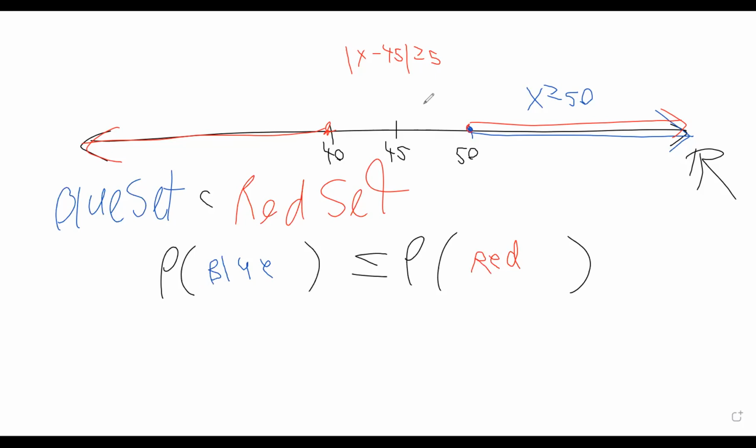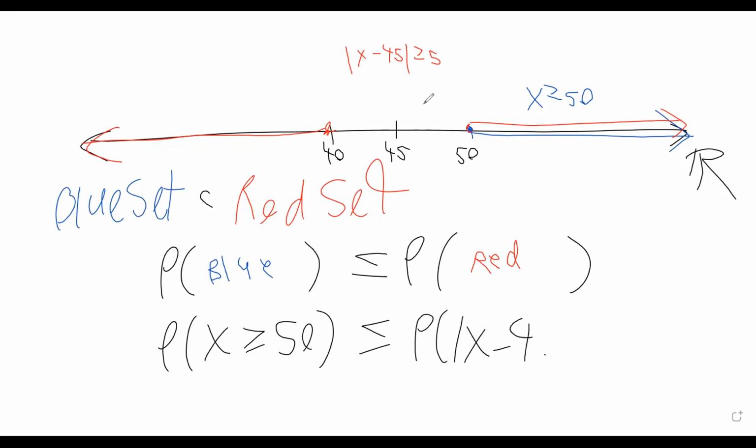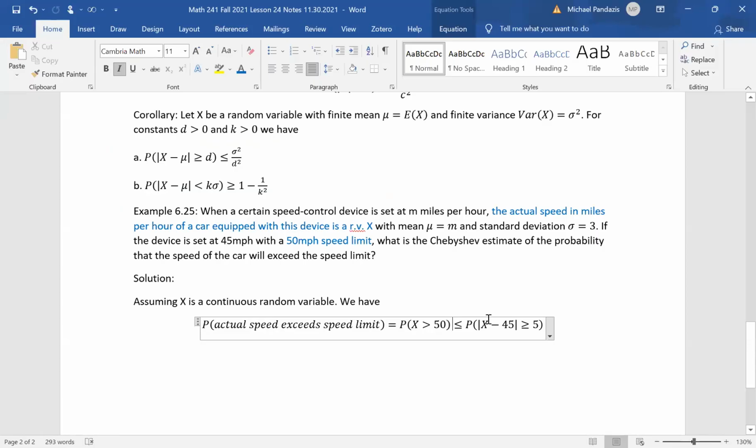And so this means that the probability that X is greater than or equal to 50 is less than or equal to the probability that the absolute value of X minus 45 is greater than or equal to 5. Okay, so that's the reason for this inequality here. And so that's what happened on here. The probability that X is greater than 50 is less than or equal to the probability that the absolute value of X minus 45 is greater than or equal to 5.